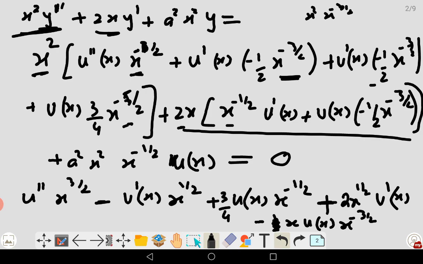I can simplify this x to this one. I can write this one as minus 1 by 2, x power minus 1 by 2.